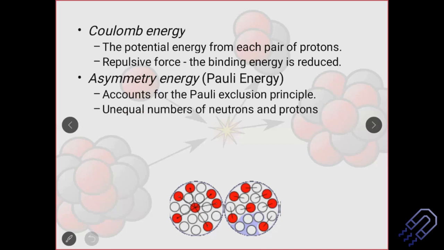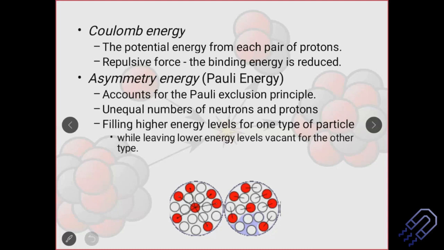I told you, you have two nucleons coming very close to each other. Their energy bands will actually come and try to split, for the simple reason that no two nucleons can occupy the same quantum state. Very important. So if an unequal number of neutrons and protons is coming, this will result in asymmetry. What happens is the higher energy level of one type of particle will be filled up.